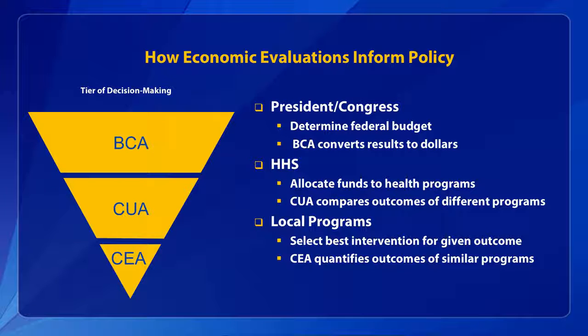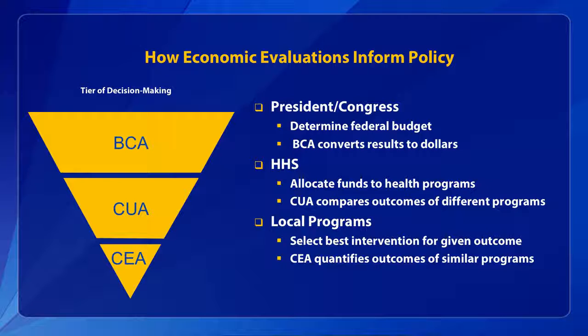The particular type of economic evaluation to use depends on who is deciding which intervention to use. For example, at the federal level, the president has to make decisions about balancing spending between defense and health. Because the outcomes are different, a benefit cost analysis that converts outcomes into dollars is the most appropriate economic evaluation method for decisions at that level.